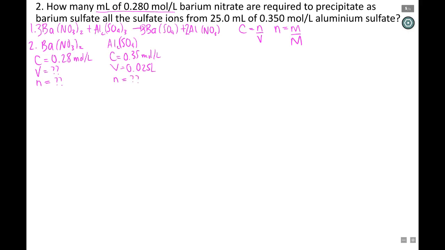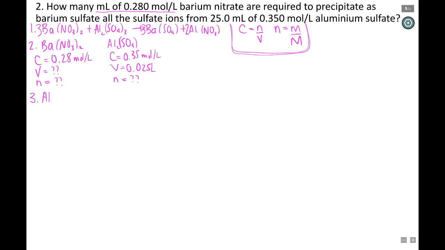But we've got more information with the aluminium sulfate than we do with the barium nitrate. So what we're going to do is start solving using these 2 equations and rearranging them to work out what we don't know. We have to start with our aluminium sulfate because we can then use that information to work out the information that we don't have for our barium nitrate.